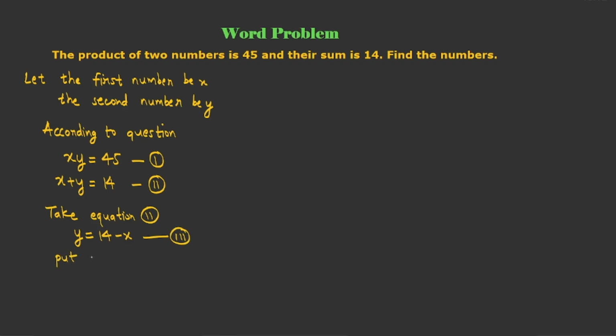Put y equals 14 minus x in the first equation, that is equation 1. So you will get x into 14 minus x equals 45. Multiply it: 14 into x is 14x, x into x is x square, equals 45.